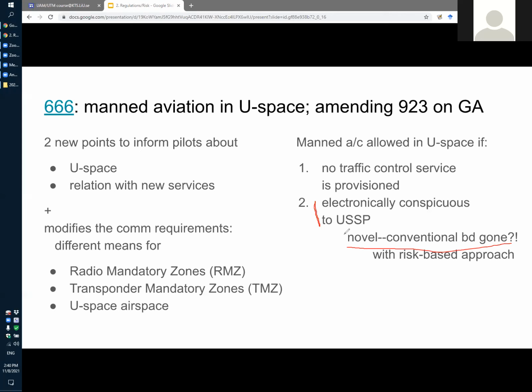We no longer require separation, that the conventional large aircraft stay here and the drones stay elsewhere. We are going towards integration and having a single system. Possibly it will be U-Space, possibly it will be some other merge of U-Space with the traditional air navigation services, where both the manned and unmanned aircraft will coexist and fly conflict-free.